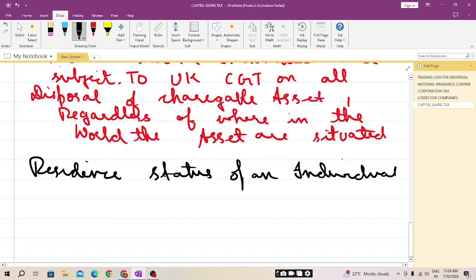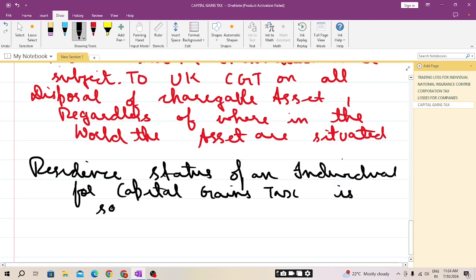Residence status of an individual for capital gains tax is the same as for income tax. We have already covered this, students, the 3 types of test.